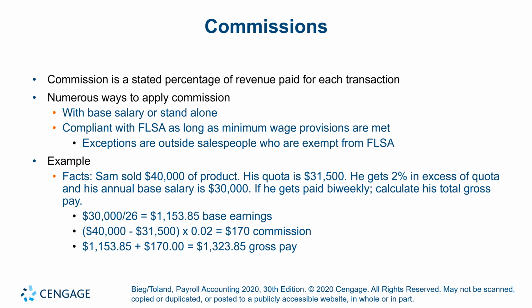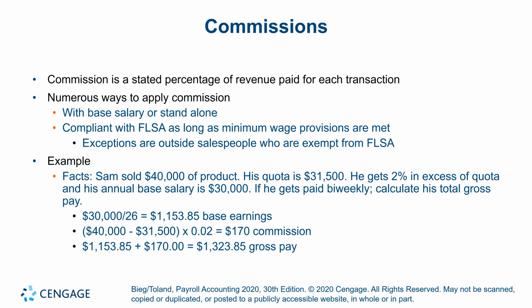Okay, commissions. We said this in class together, for the most part, the most common way that salespeople are paid is a combination of salary plus commissions. But there are people that are paid on a commission basis only. So this one says commission is a stated percentage of revenue paid for each transaction. Numerous ways to apply the commission, so with a base salary or standalone.